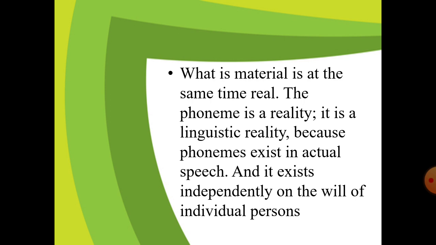Its functionality is reflected in the definition of the phoneme as the smallest language unit capable of differentiating words and their grammatical forms. The distinctive function is the principal function of the phoneme. As such, it depends on which units of language higher than the phoneme, morpheme, word, sentence, are differentiated from each other.